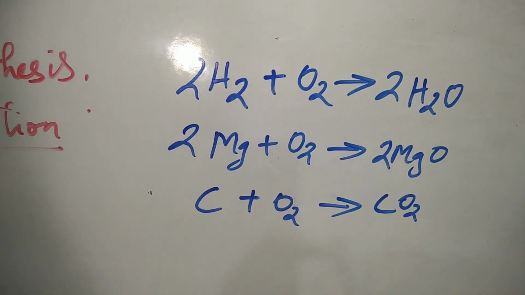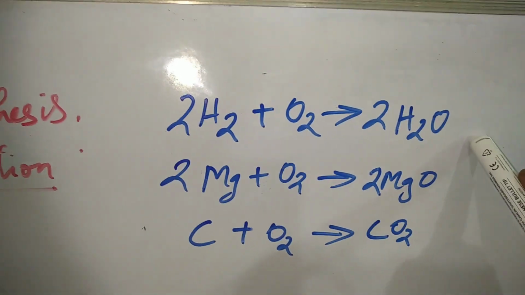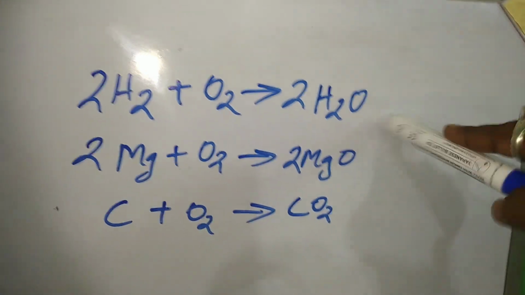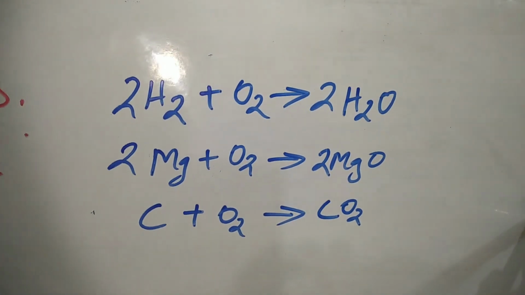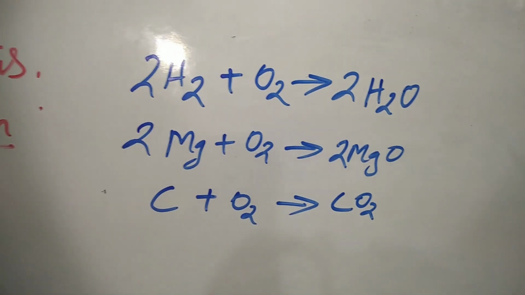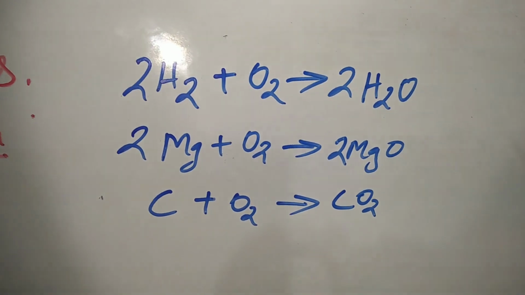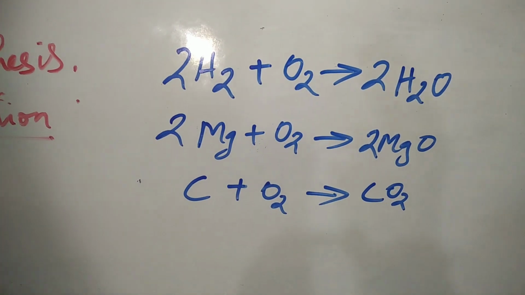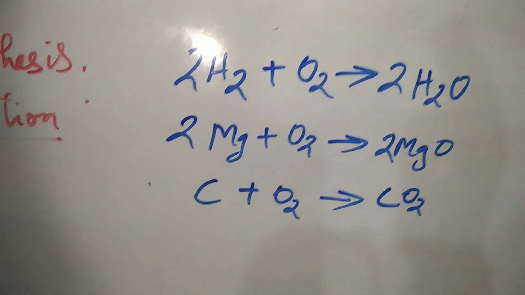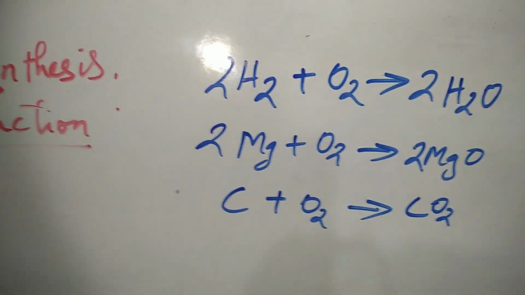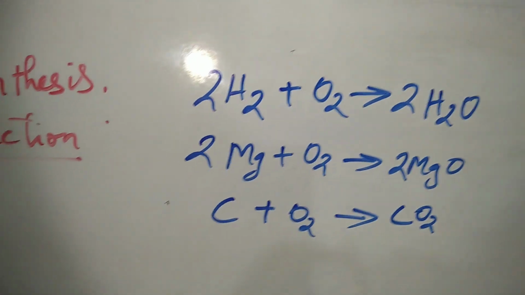In a combustion reaction, the product is a single compound, and heat is also released, and in some other cases light is also released. So for now understand that in a combustion reaction, one of the compounds or elements in the reactants should be oxygen.